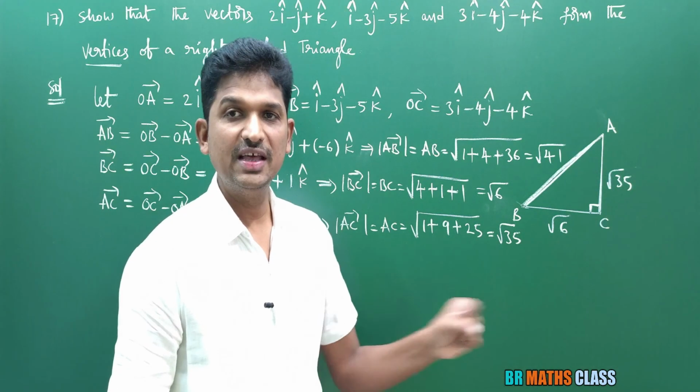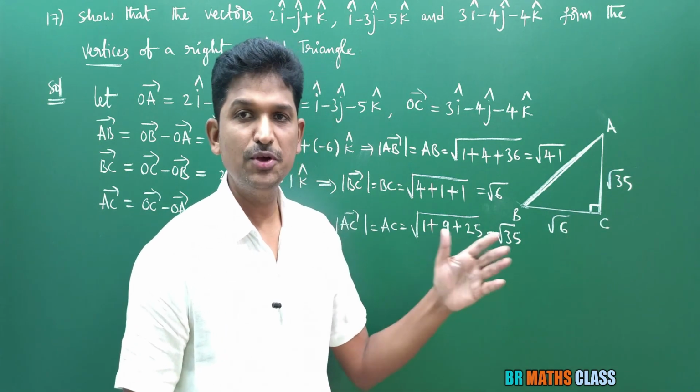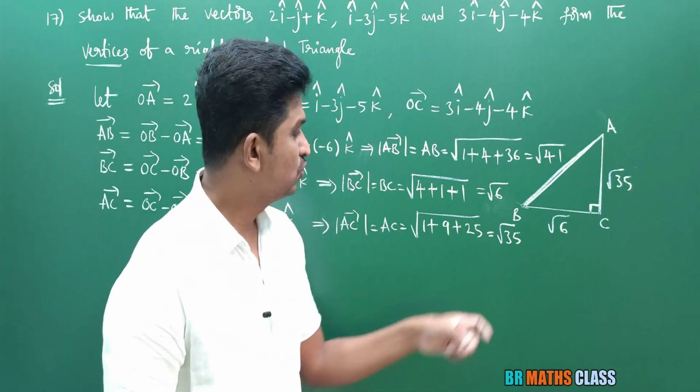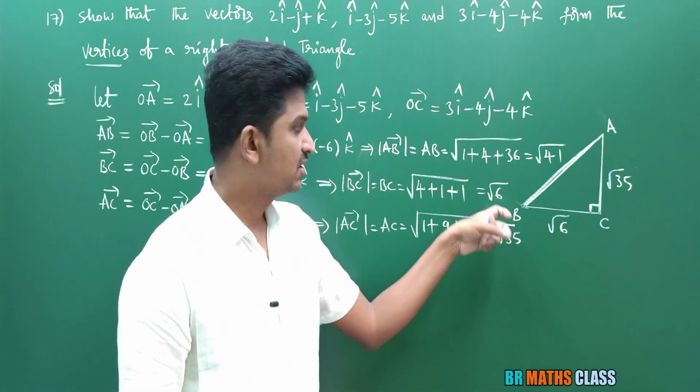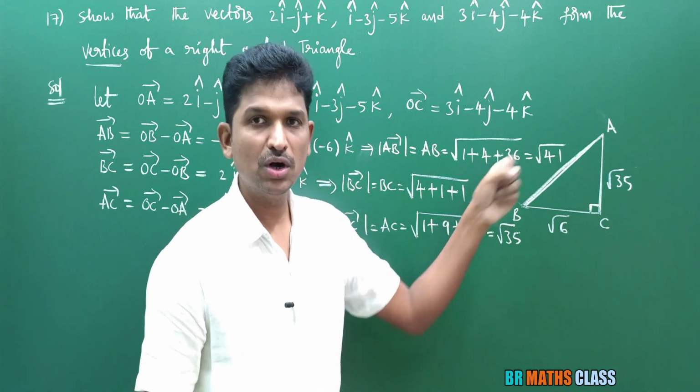Okay, now I got lengths of sides of a triangle. I got AB, BC, CA. You observe that square of any one side is sum of squares of other two sides. You observe, square this 35. You square this 6. 35 plus 6, 41. So what did you identify here?